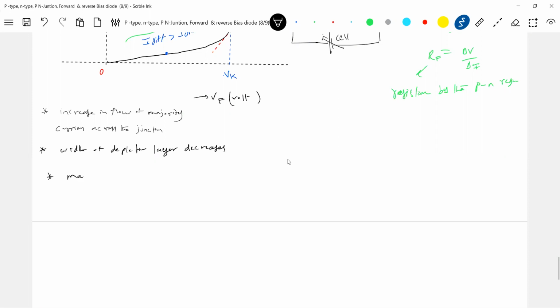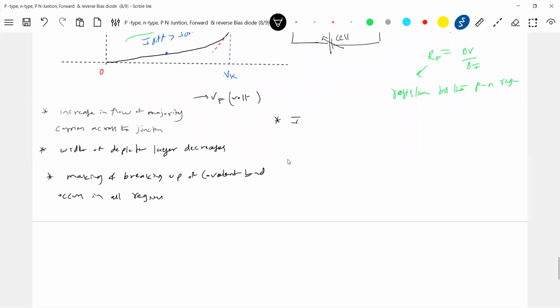Here also making and breaking of covalent bond occurs in all regions. This is a very general thing.